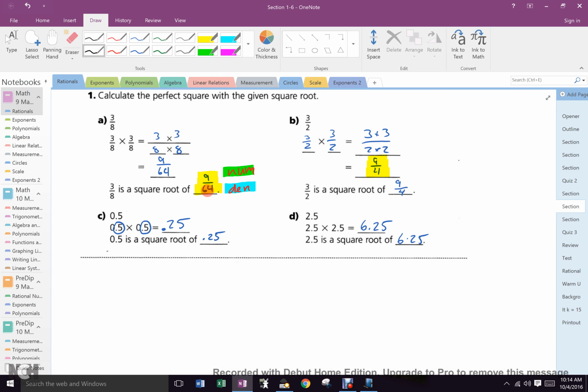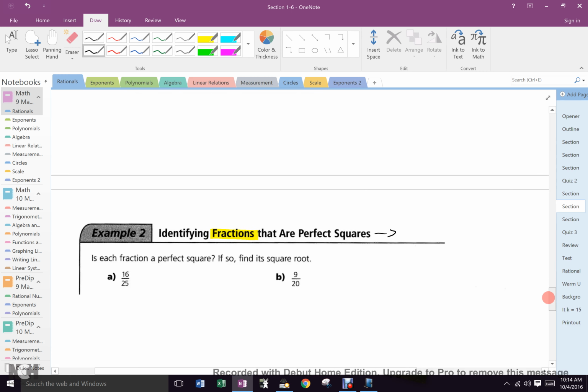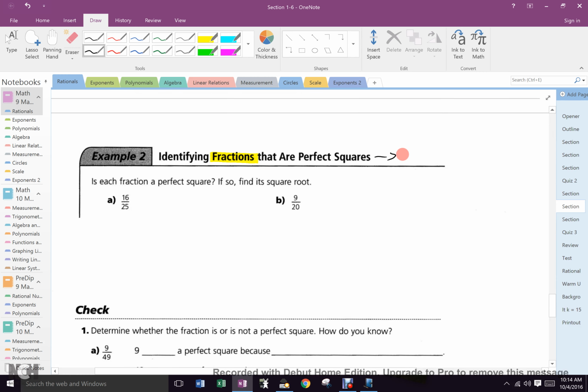Why? 9 has a square root of 3 and... Right. So a perfect square means the numerator and the denominator must both be squares.